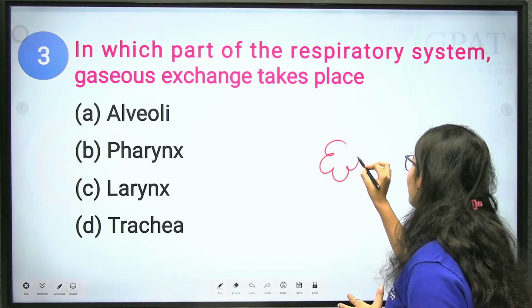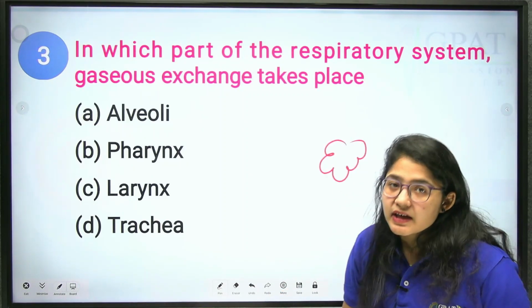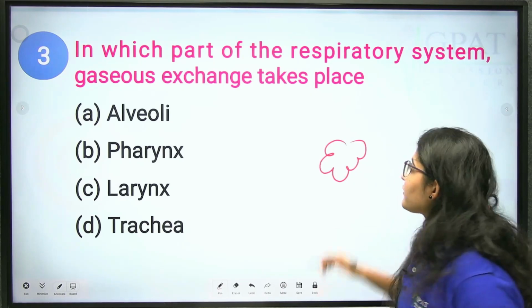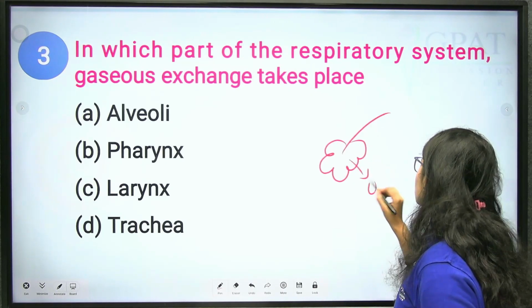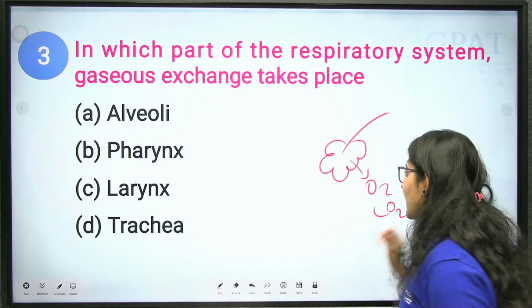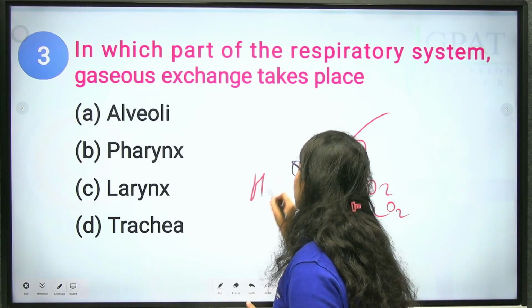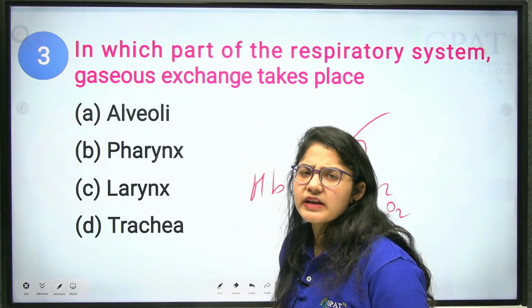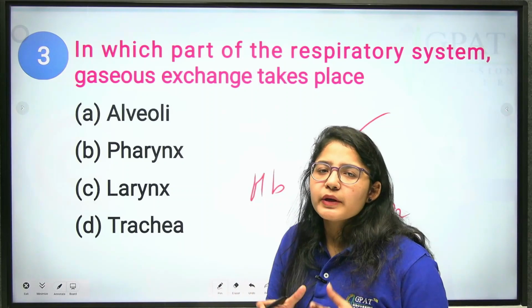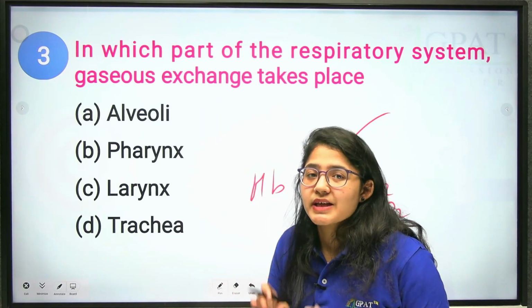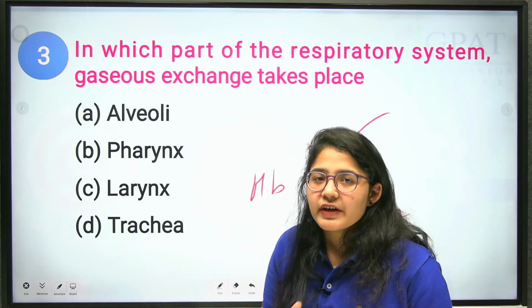This is the end part of your lungs which is responsible for the exchange of your oxygen and carbon dioxide. How? Let me explain. Here we have the hemoglobin. As you all know, the hemoglobin or the blood is responsible for the circulation in our body, all over our body parts.